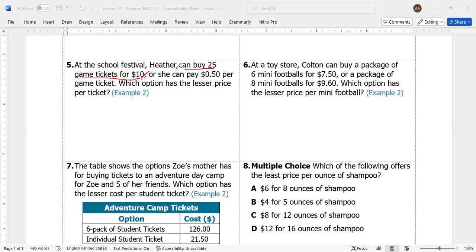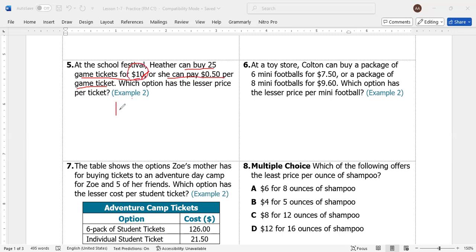Or alone she can pay 0.50 per game ticket. She has two choices, either to pay 0.50 per game ticket, or she must buy 25 game tickets for $10. We will see which option has the lesser price. So for this one, always the cost will be in the numerator, okay?